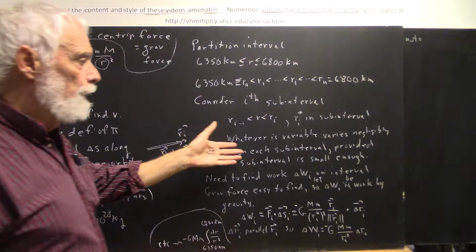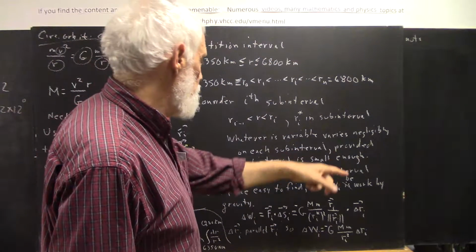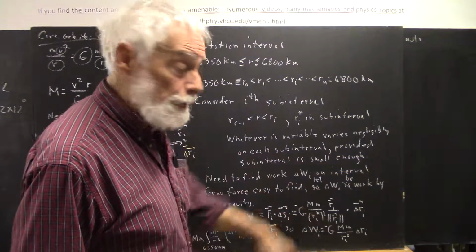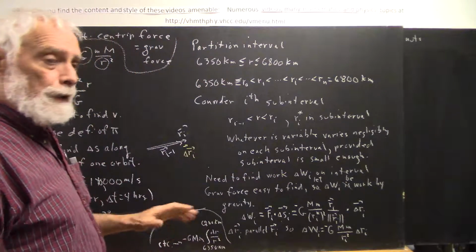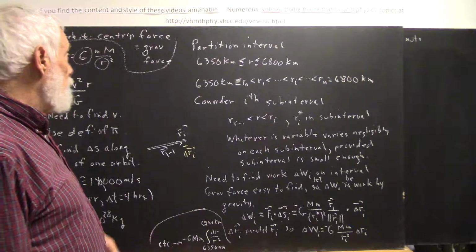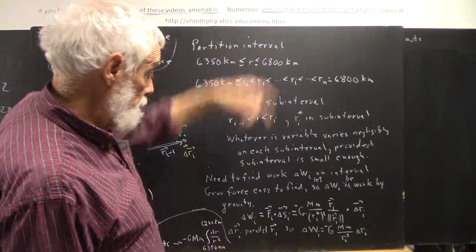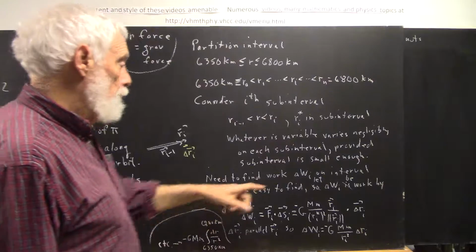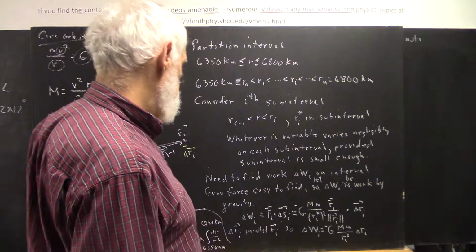Now I say here, whatever's variable varies negligibly on each subinterval, provided the subinterval is small enough. It's a brief statement of what I just said. Okay, what do we need to find? We're trying to find how much work it takes to get from here to there. So we need to find the work on the ith interval.